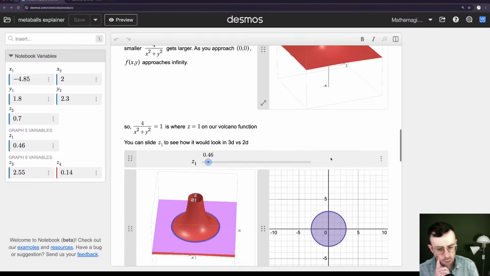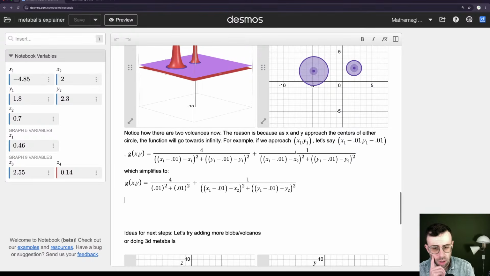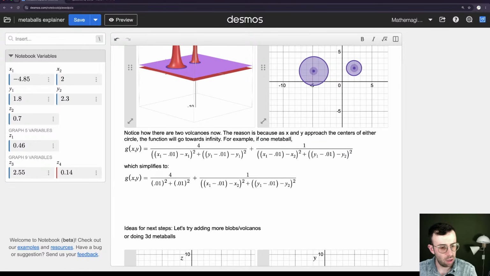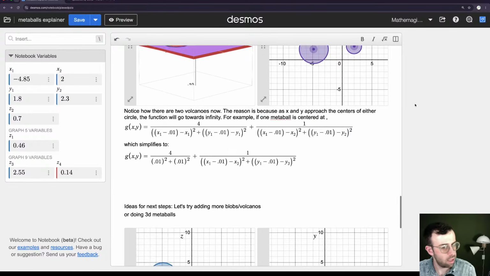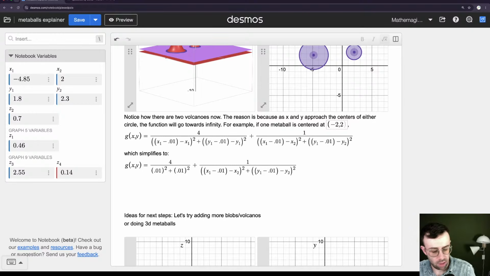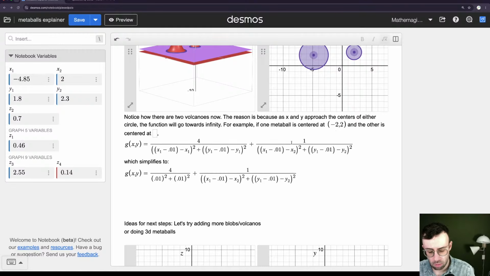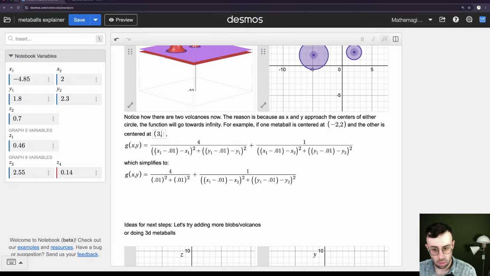I think I should use an example. For example, if one meta ball is centered at, let's say, -2, +2, and the other is centered at, let's go, 3, 3.